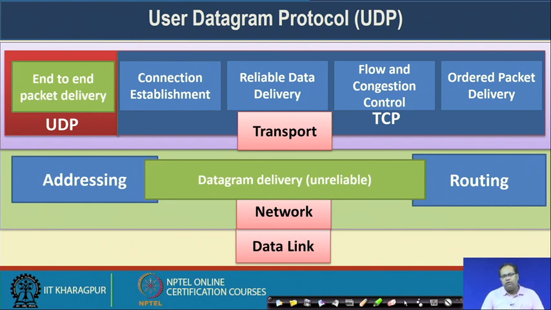This signaling overhead is something like this: to make the operation of the protocol correct, you are sending some additional data to the internet. For example, for the connection establishment and the connection release, you need to have this three-way handshaking mechanism, which is time consuming.